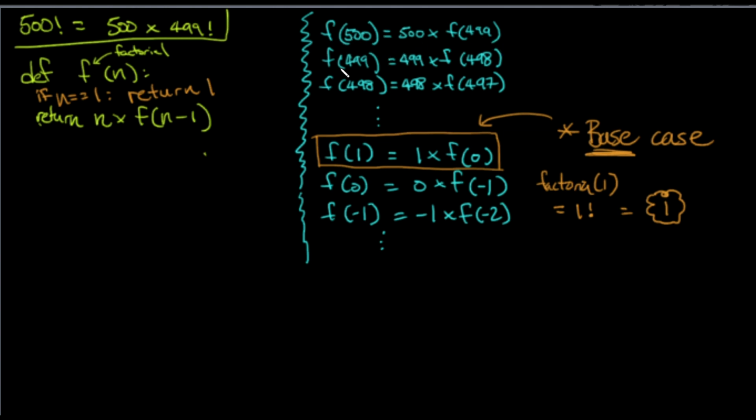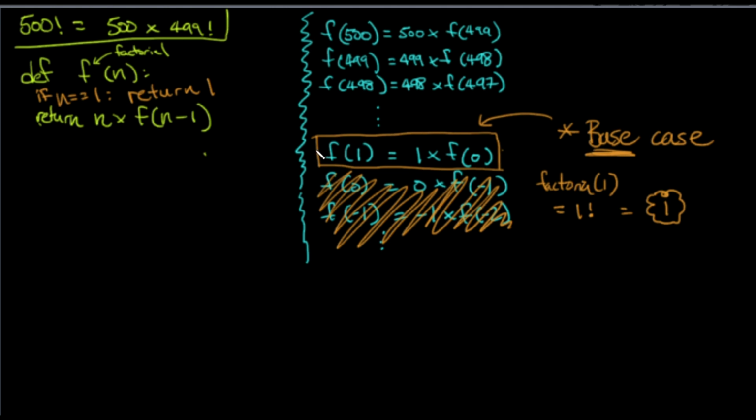Leave that aside, call factorial 499. Leave that aside, call factorial 498. We're going to keep repeating that process until we hit f of 1. But this time when we hit f of 1, we're not going to keep going down. These function calls never happen because we do know the answer to f of 1. We're going to hit this line and just return 1.